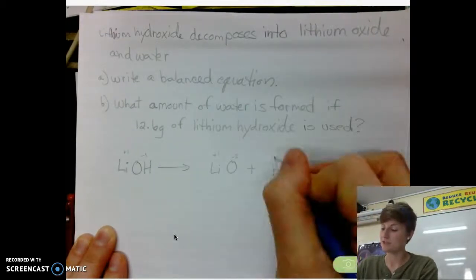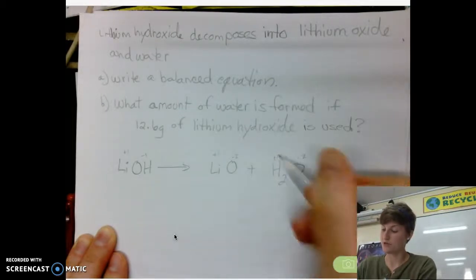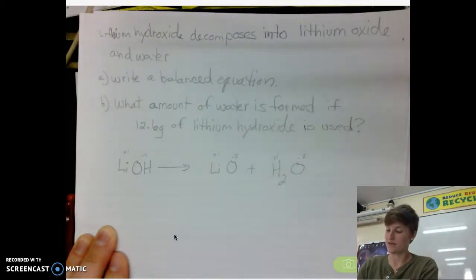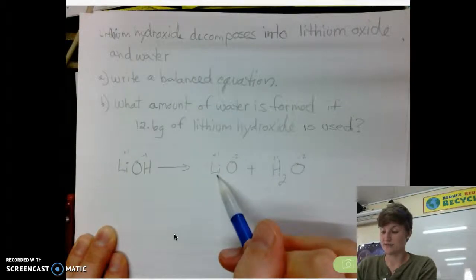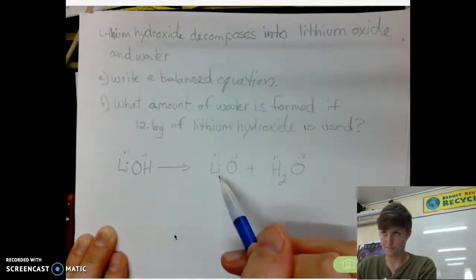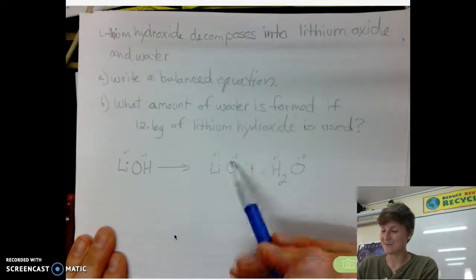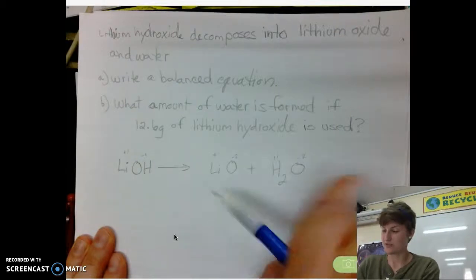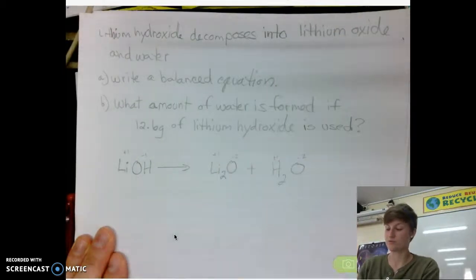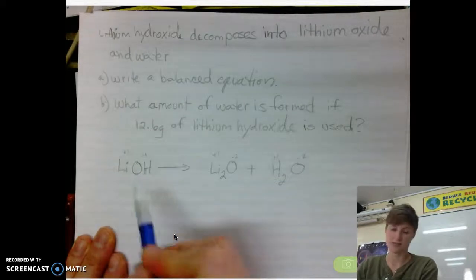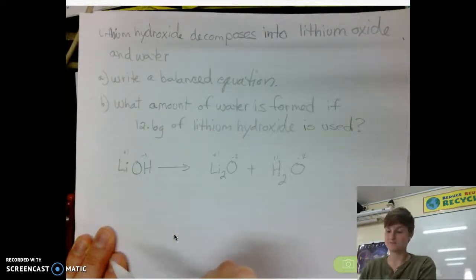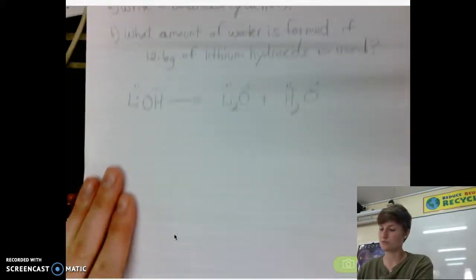Alright, if not, you have a +1 and a -2, crisscross, good. And then we need to do the same for all of our other parts of our equation. So again, crisscross, you'll have 2 lithiums for 1 oxygen, and here they're both the same, so it can remain just as it is. Okay, so we'll move it up.